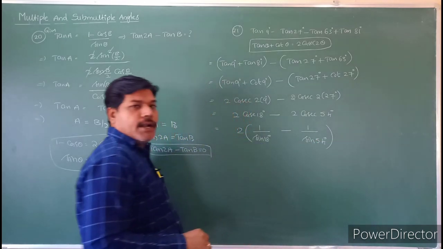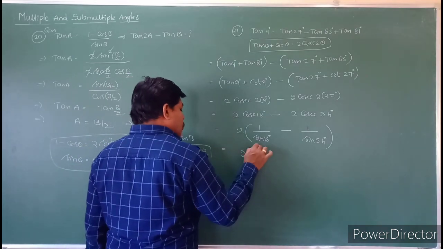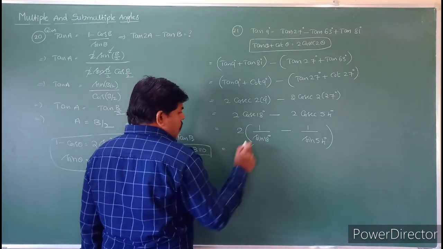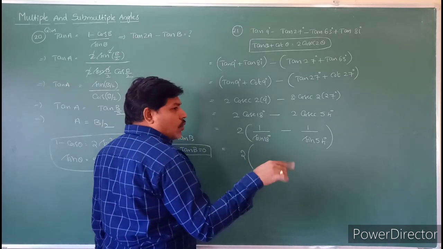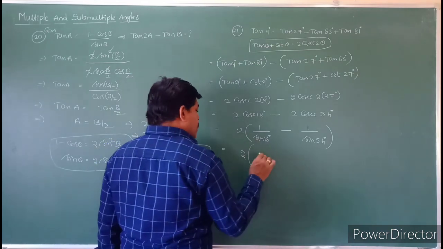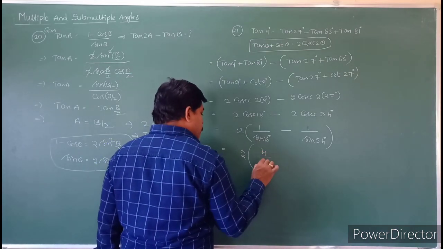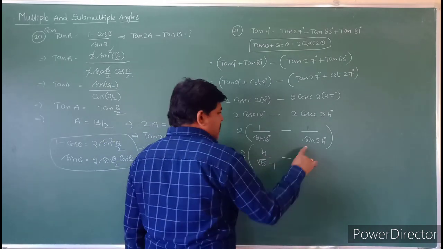So that is equal to 2 into 1 by sine 18. Sine 18 is root 5 minus 1 by 4. So that value is nothing but 4 by root 5 minus 1, minus 1 by sine 54.